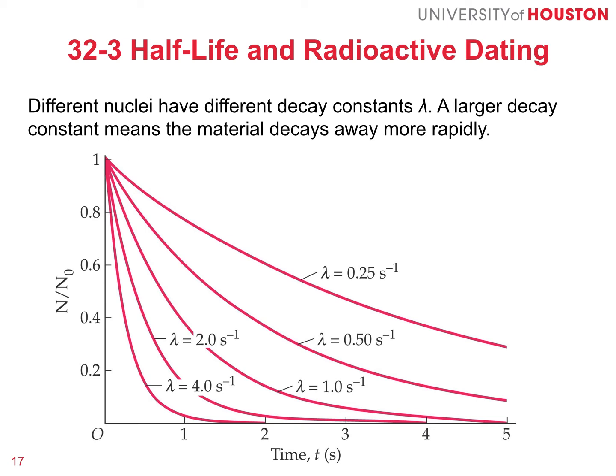That number drops much more quickly for the larger lambda compared to the smaller lambda. At infinite time, all the nuclei will have decayed, and the red curve goes to 0 as a result.